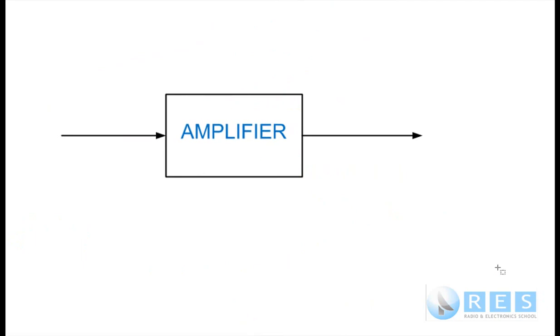I want to talk a little more about linear and non-linear amplification. Linear amplification: if we put a single cycle of a sine wave into a linear amplifier, all it will do for us is amplify and give us a bigger signal on the output.